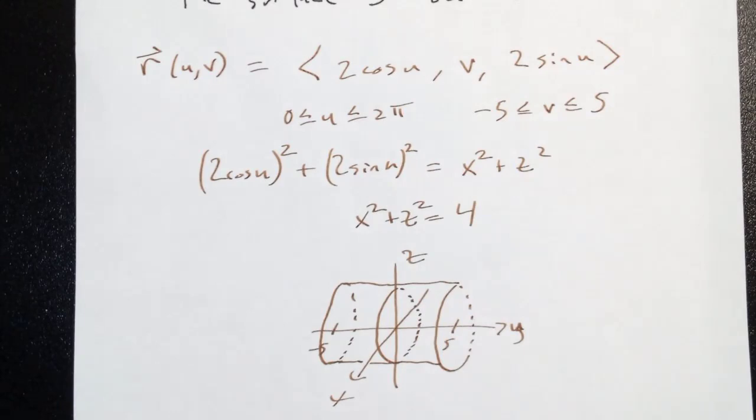So I can think of covering this surface in a grid created by drawing the lines in u and the lines in v. If I fix a value of u, let v change, I'm going to get stripes going left to right. If I fix v and I let u change, I'm going to get circles going around this.